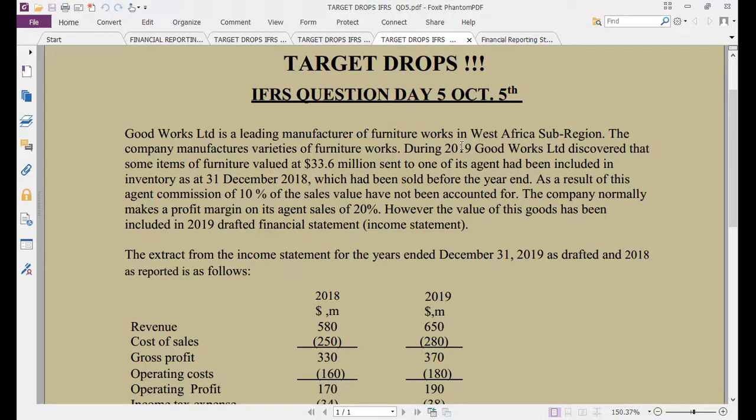However, the value of these goods had been included in the 2019 draft financial statement, that's the income statement. So that means it was included in closing inventory in December 2018. So in 2019, it will be there as what? Opening inventory. That is it.